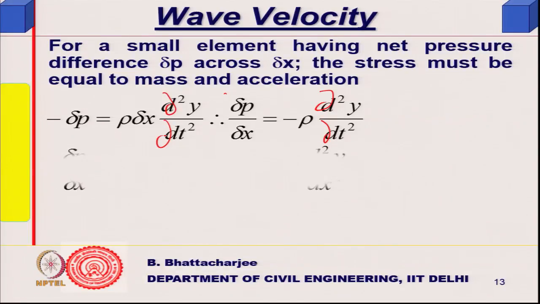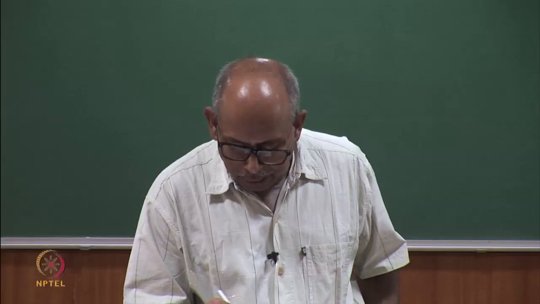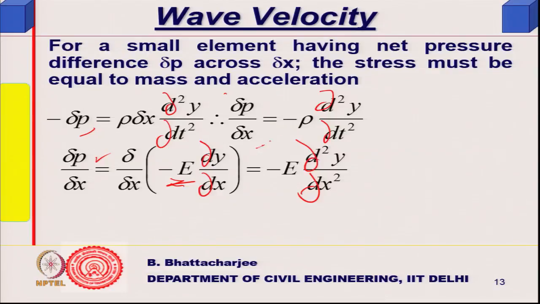And del P del x is nothing but, earlier we found P was minus E dy dx, because this was the strain. So, I can get one expression for del P del x from here, and another expression like this.